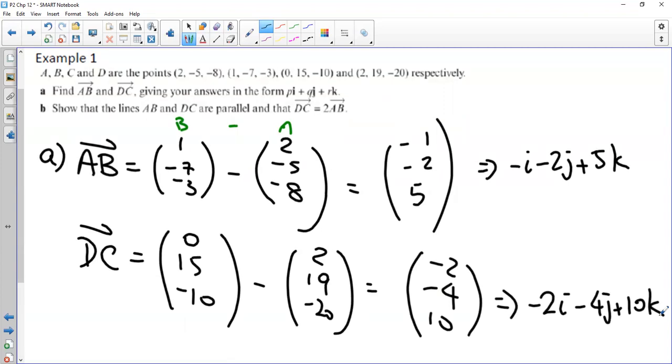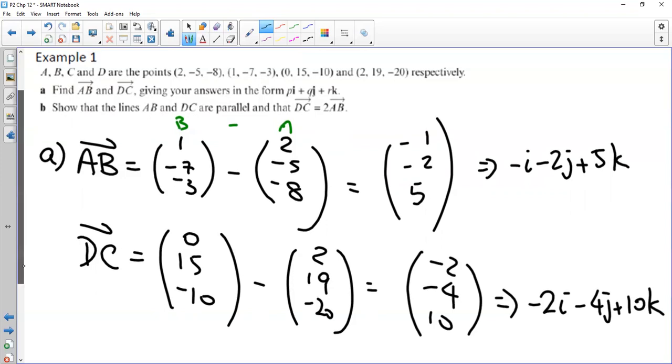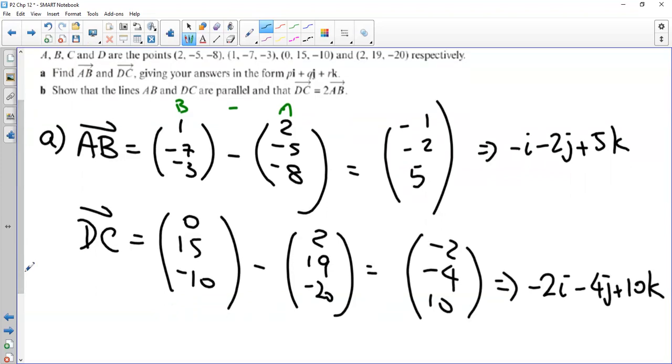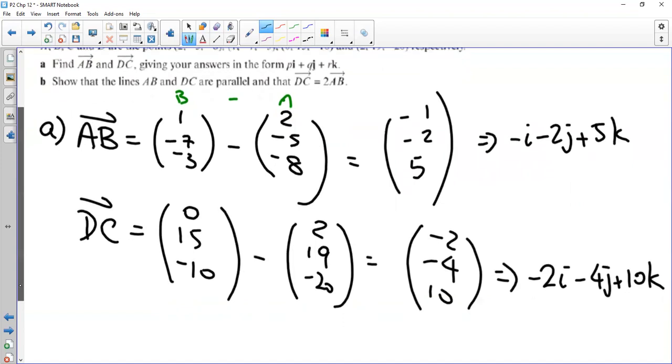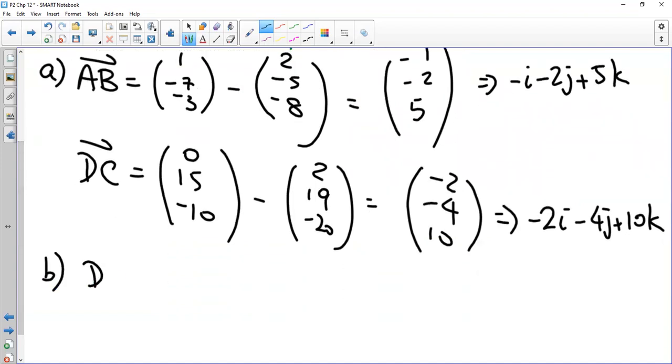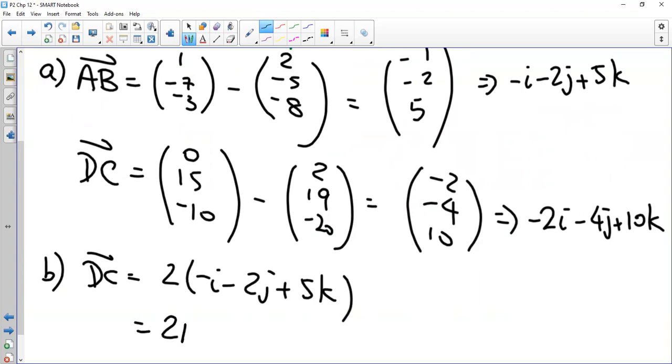But one thing I'd like to ask you about vectors is to show that they're parallel. To show they're parallel, hopefully you're not a stranger to this, you would factorize to see if the vectors are equal. Well, part B, for DC we can factorize a 2 out. So that will be 2 bracket minus I minus 2J plus 5K, which is the same as 2AB.